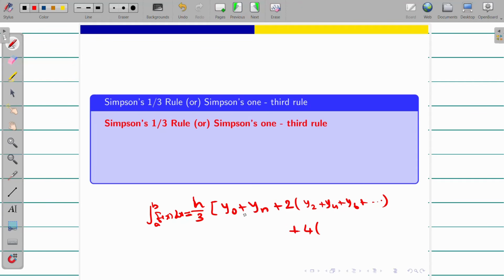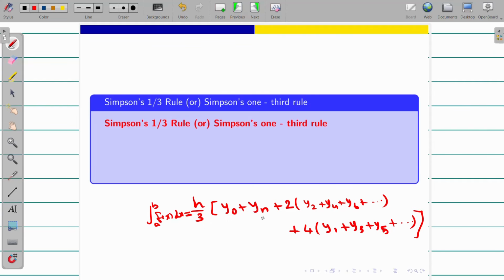What are the rest of the values? Y0 is already there, y1 is missing, y2 is there, y3 is missing, y4 is there, y5 is missing. Simply, you can call them odd values. This is the formula for Simpson one-third rule. I will repeat it again. Simpson one-third: h/3, 1/3 into h.